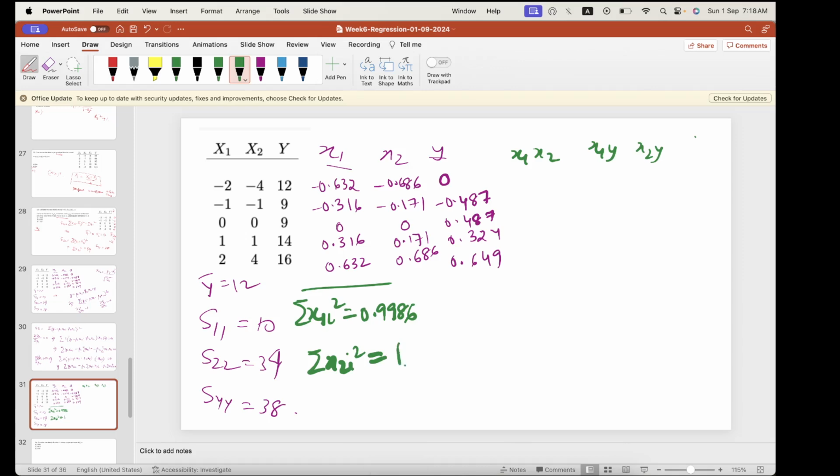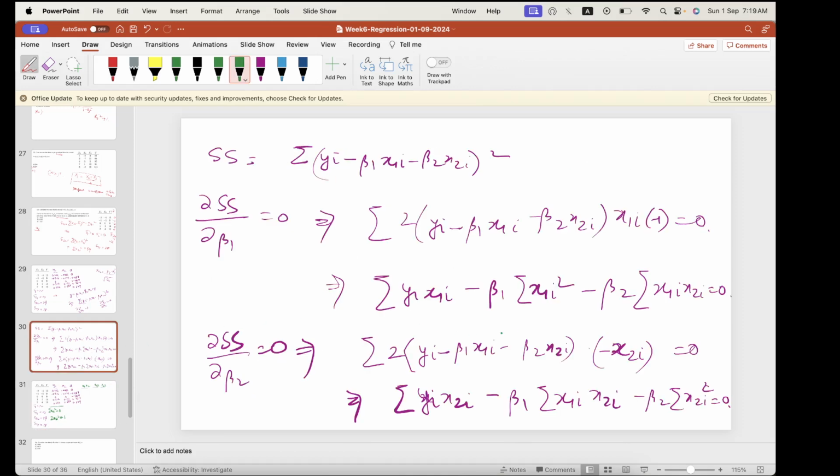Okay, and x1i square, since this is mean centered, we can easily write it as 1. Because there have been some issues, we don't even need to do it. x1i square is 1, x2i square is also 1. So all we need is this, this and this.